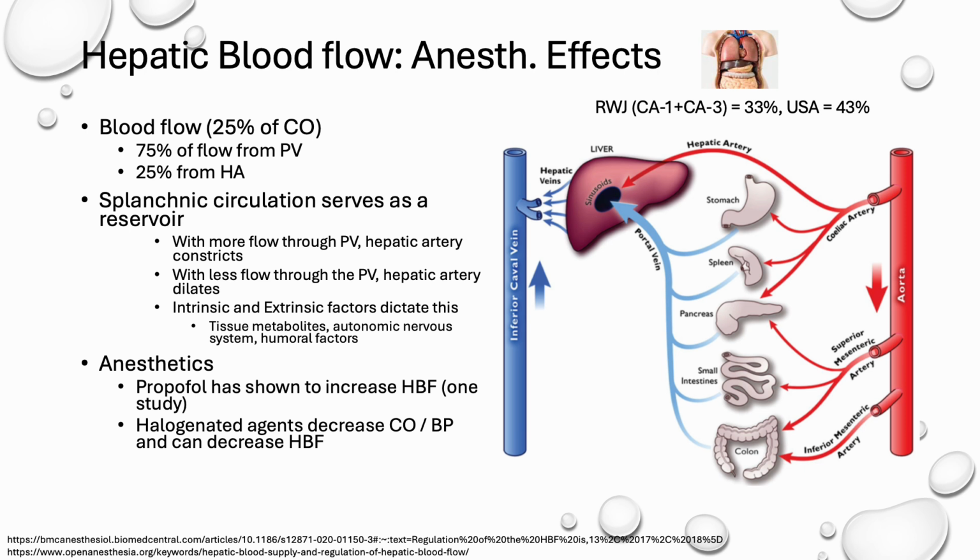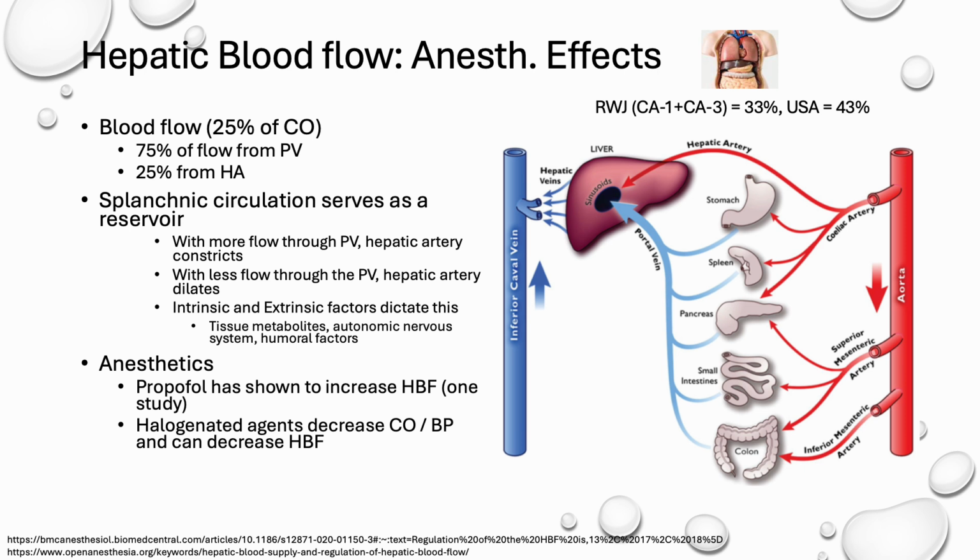Another teaching point on top of this is that in general 50% of oxygen delivery to the liver comes from each. That is, oxygen-rich blood flowing through the hepatic artery provides 50%, and the 75% of flow through the portal vein is oxygen poor, and that provides the other 50% as well.